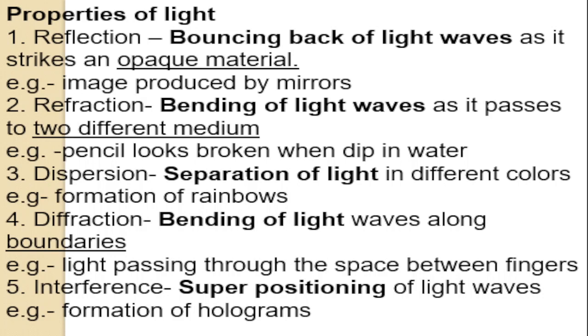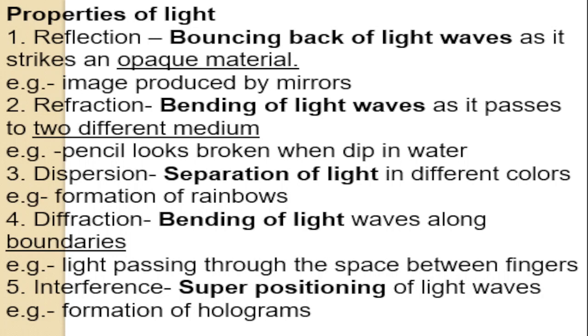Reflection refers to the bouncing back of light wave as it strikes an opaque material. When we say opaque material, these are materials that do not allow light to pass through. If an object has a color, that means it absorbs light and some of the lights are being reflected.